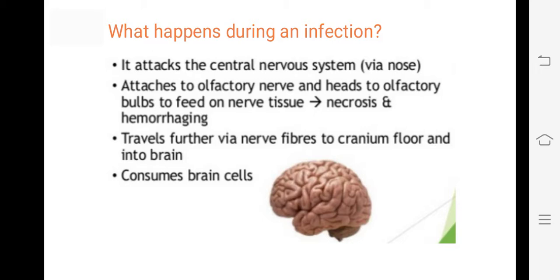If you were to drink water contaminated with this microorganism, it will not affect your body, because its main target is your brain.